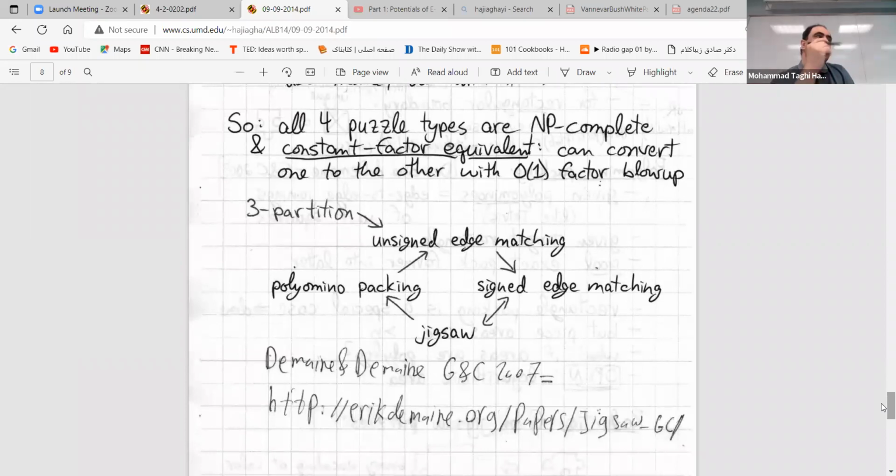So here we are saying that unsigned edge matching can solve polyomino packing. Of course, if the size of them is log, then it can solve it as well. So in that sense, the log is not that important in that case. Correct? But if it's smaller, then it could potentially be easier. It could be easier if the sizes are constant.